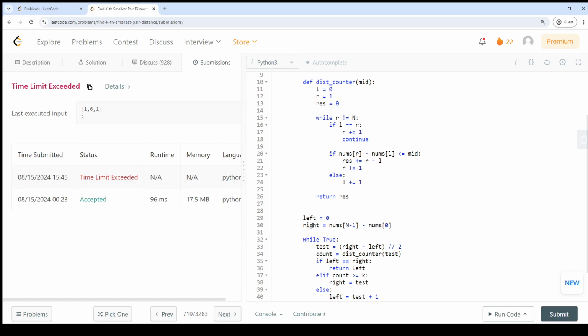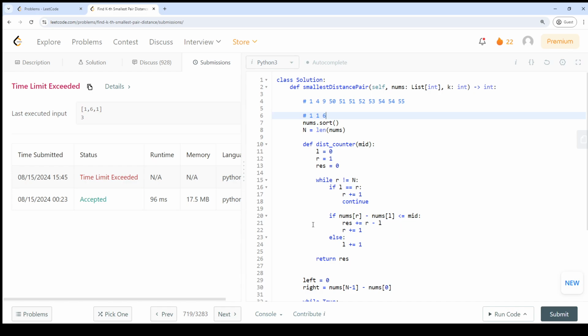So right is 5. 1 and 1, 1 and 6. So 5 should be returned here. Okay, I'll try.